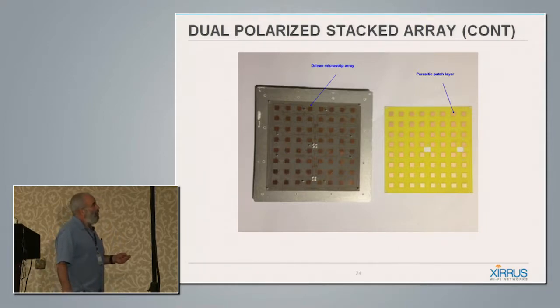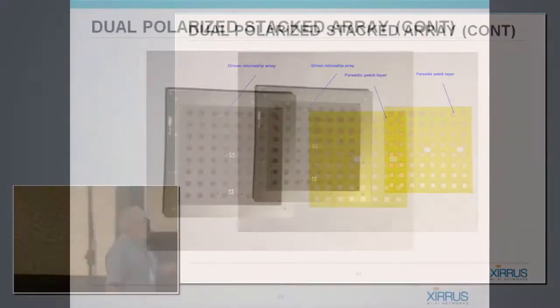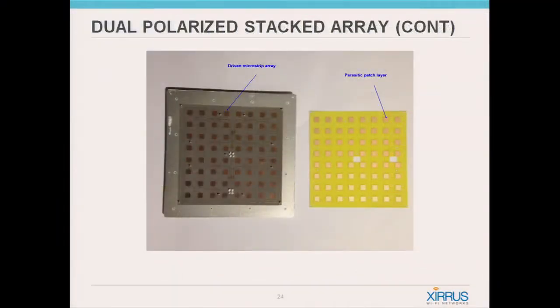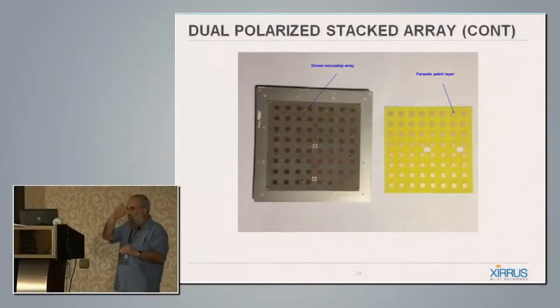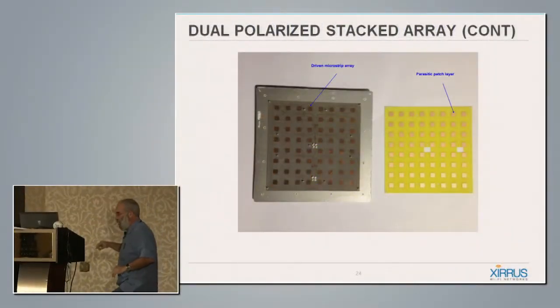These patches are resonating at one frequency, and the parasitic layer is resonating at a different frequency. When you put them above each other with the mutual coupling between them, you get a much broadening effect because you take two resonances, what we call the double-tuned solution.